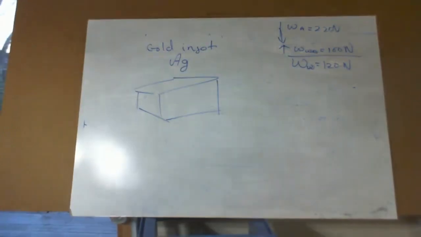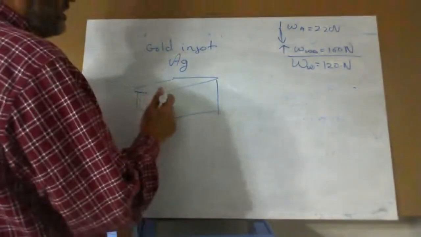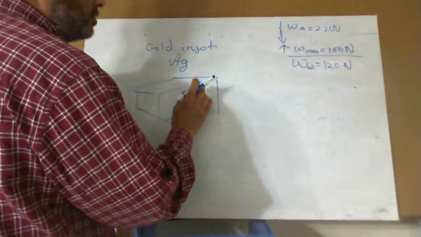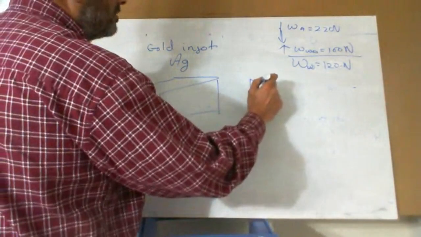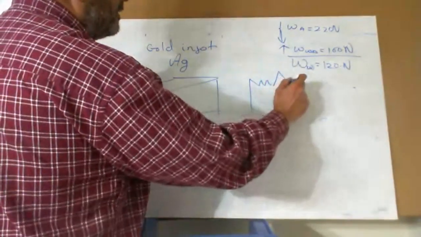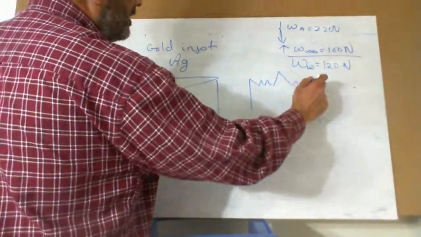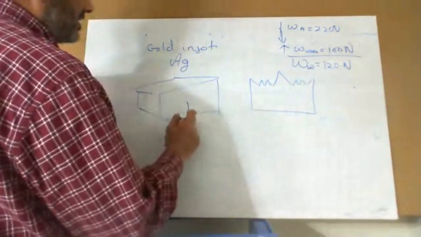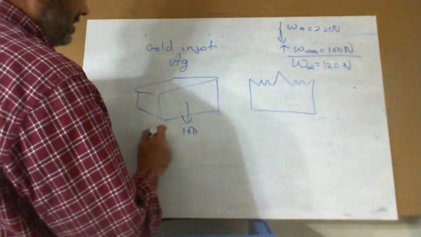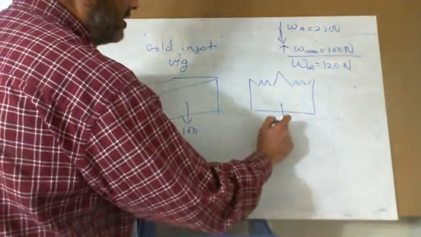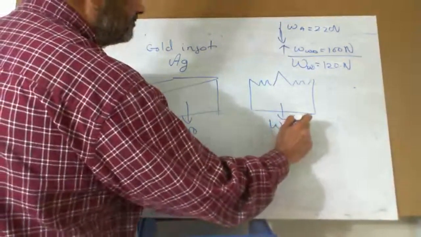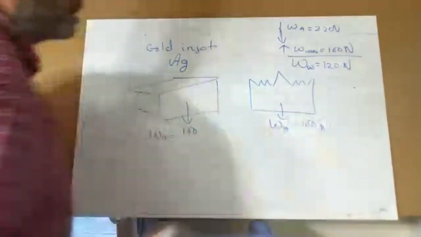Anyway, so a gold ingot, and he wanted this jeweler to fashion a crown. So the jeweler made a crown, and he gave it to the king. So let's say this weighed 100 newtons in the air. This also weighed 100 newtons. But the king got suspicious.